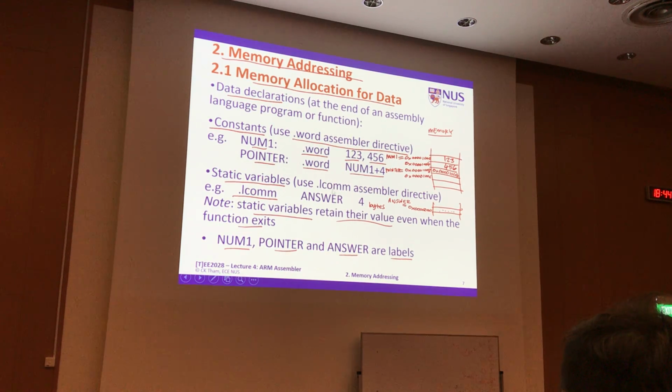When you reserve memory and initialize it with certain values, that reserved memory holding the data value is placed next to your instructions in the program. So the distance between the instructions and the data is very close.